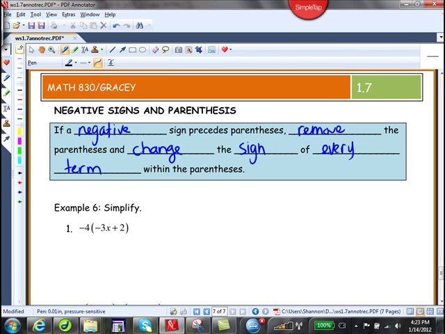So here we'll have negative 4 times negative 3 plus negative 4 times 2 using the distributive law, which gives us 12 minus 8. Oh, I apologize, I've got an x here. Remember, don't forget to stop me when I make up my own math. So negative 12 x's minus 8, and we're done.